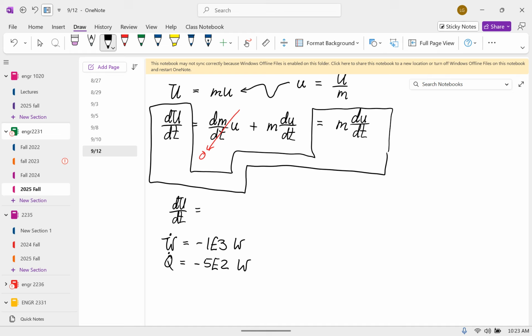Now we can plug these in. dU/dt is equal to negative 5 times 10 to the 2, and then minus a negative 1 times 10 to the third.